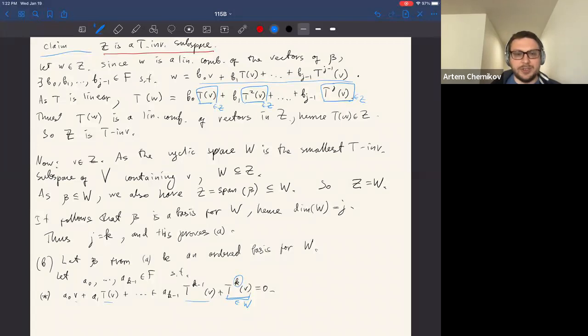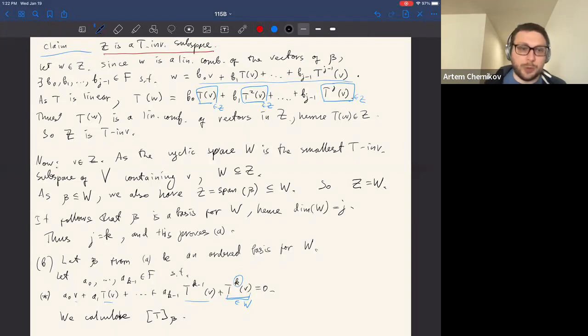So there is a choice of scalars a_i with this property. Good. So we have this linear combination representing, well, this trivial linear combination, but it includes T^k(v) in particular. So next, let's calculate the matrix representing T with respect to our basis beta.